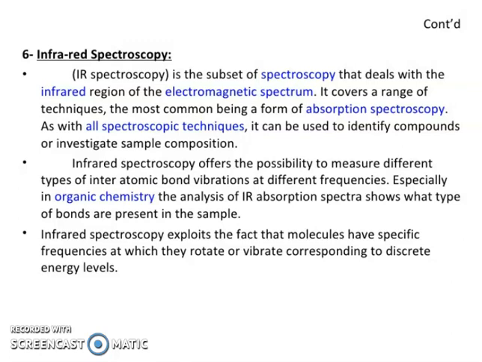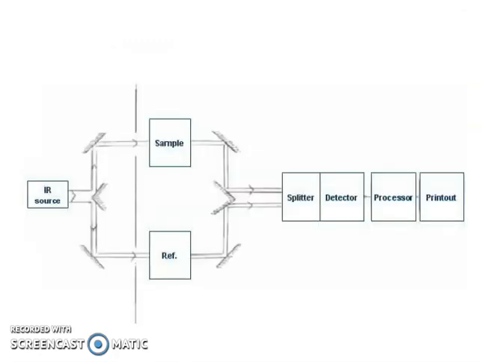Especially in organic chemistry, the analysis of IR absorption spectra shows what types of bonds are present in the sample. Infrared spectroscopy exploits the fact that molecules have specific frequencies at which they rotate or vibrate, corresponding to discrete energy levels. You can see the IR source, the sample, the reference, splitter, detectors, processor, and printer.